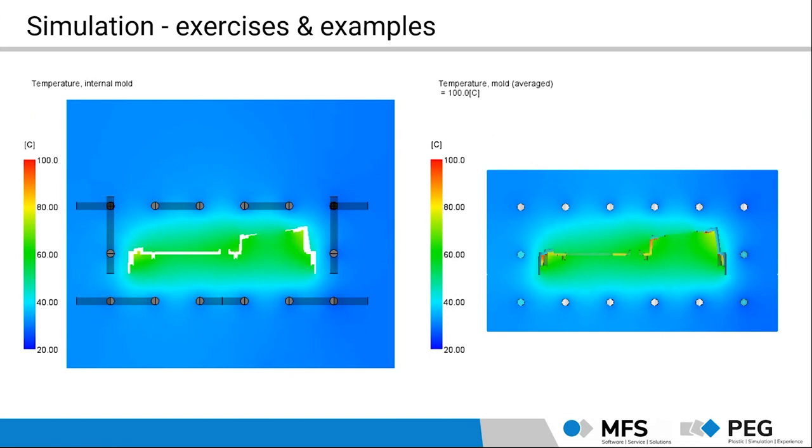The mold block is not really modeled, so it's not possible to see what happens inside the mold, inside our mold components. And therefore, for example, we have to use another result in the Cool BEM method compared to the Cool FEM method. Just a simple result comparison.